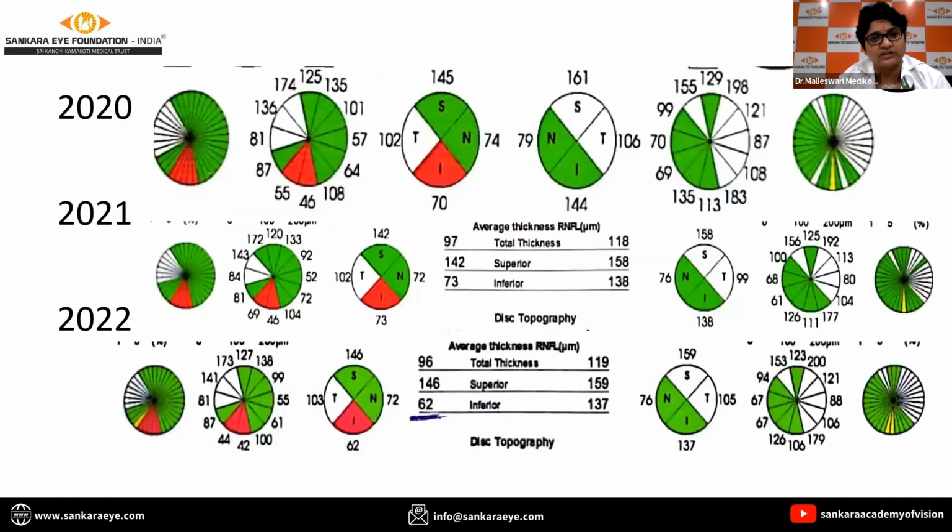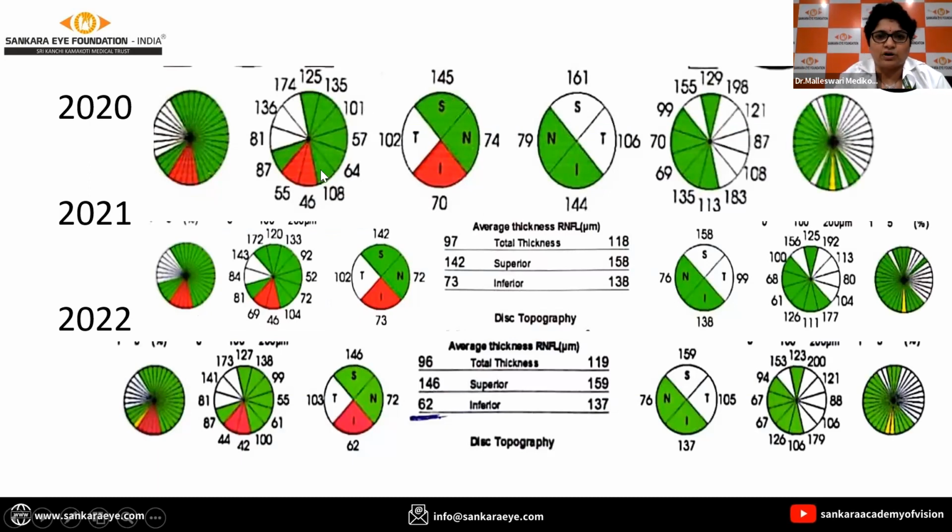In 2020, he came and his OCT was showing like this. From 2020 to 2022, he came to the hospital regularly every 8 to 10 months, taking anti-glaucoma medication. Pressures were around 16 to 18 millimeters of mercury.